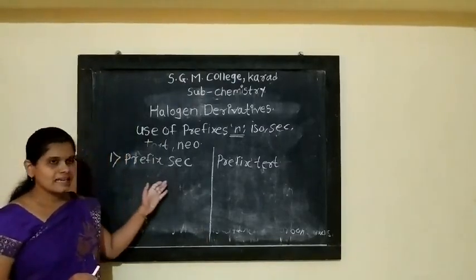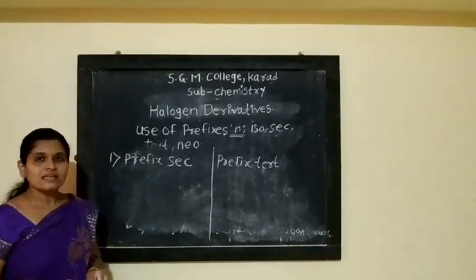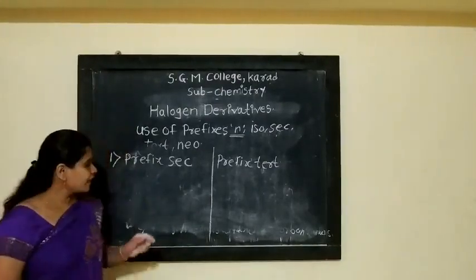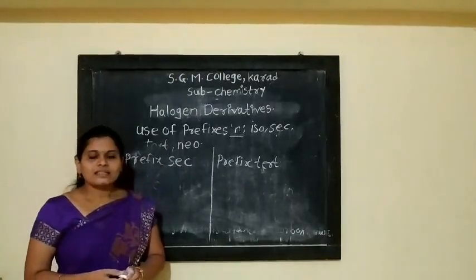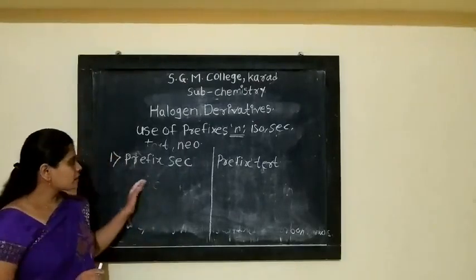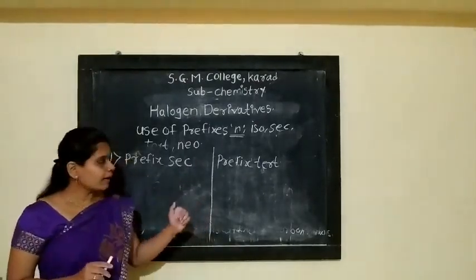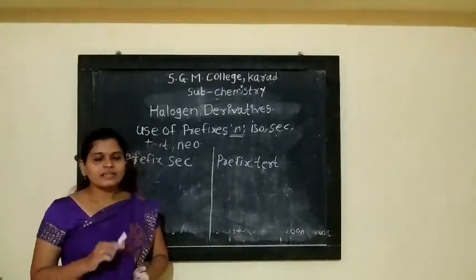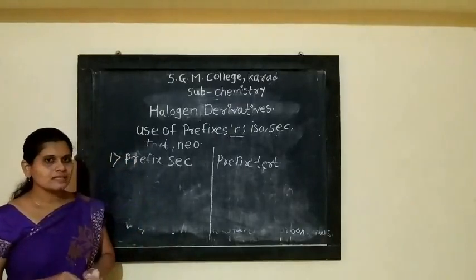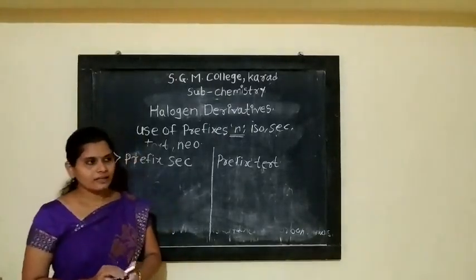When one carbon is attached to another carbon, it is a primary carbon. When a carbon is attached to two other carbons, it is called a secondary carbon. When the carbon is attached to three more carbons, it is known as a tertiary carbon. And when the carbon is attached to four carbons, it is known as a quaternary carbon.